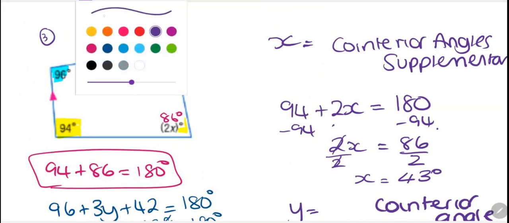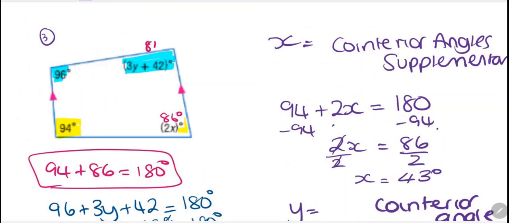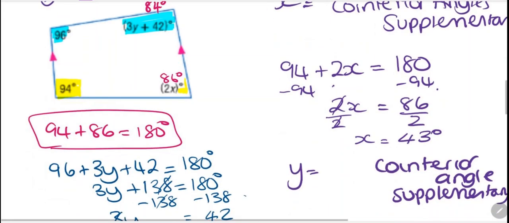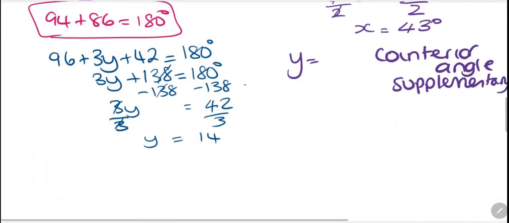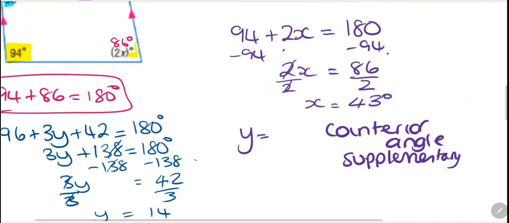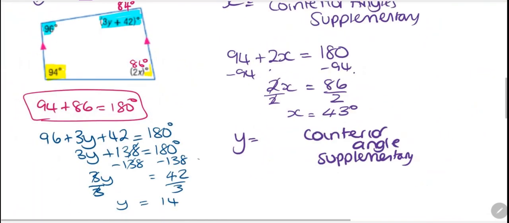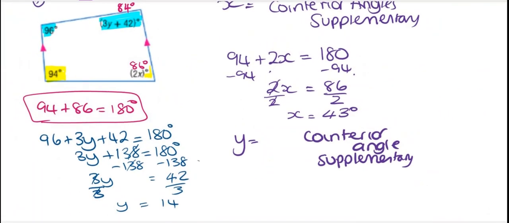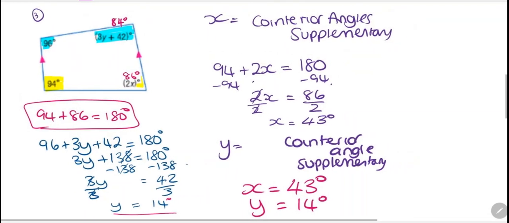So this angle here is 84 degrees. So 96 and 84 is 180 degrees. So we have found our angles. So we said x is 43 degrees and y is 14 degrees.